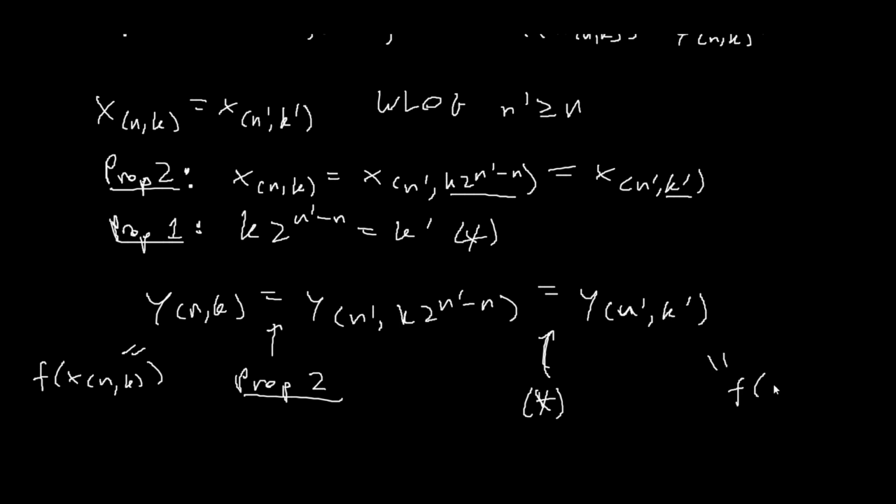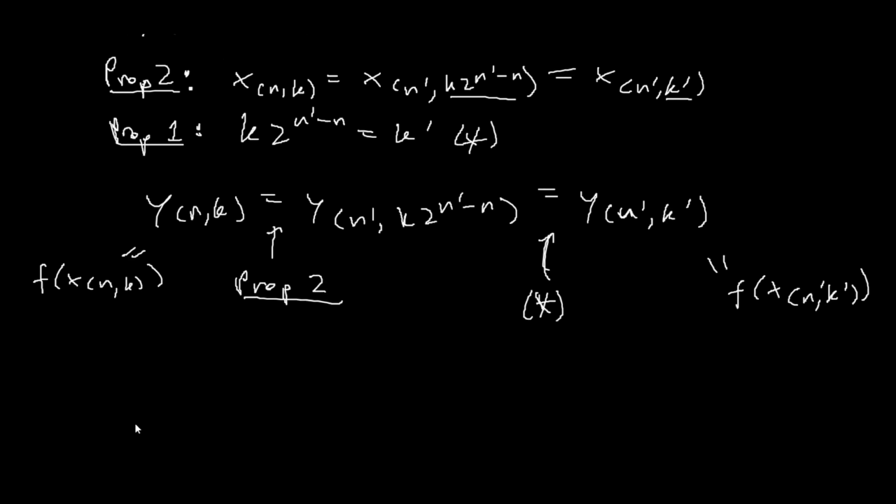This equals f of xn prime comma k prime. And this f of x is independent of the representative labeling, and therefore f is well defined.